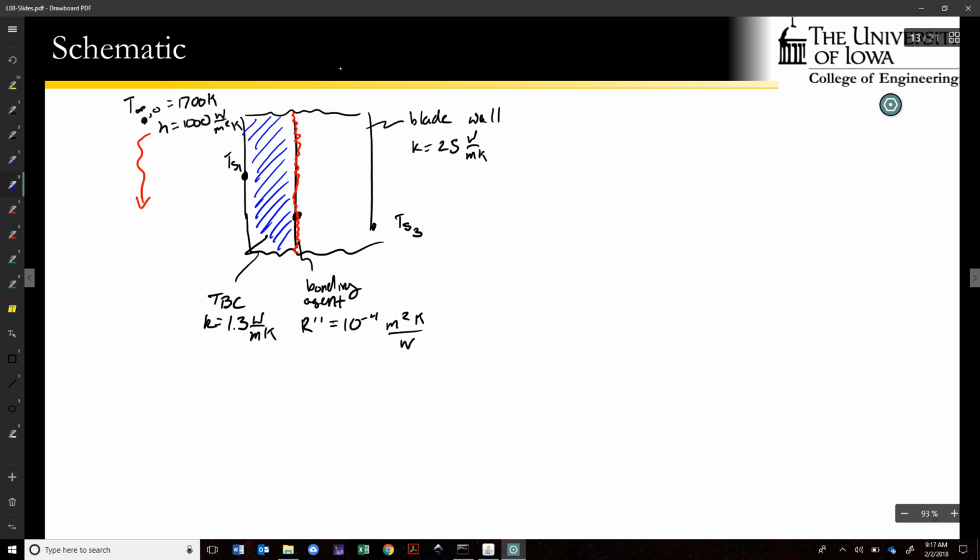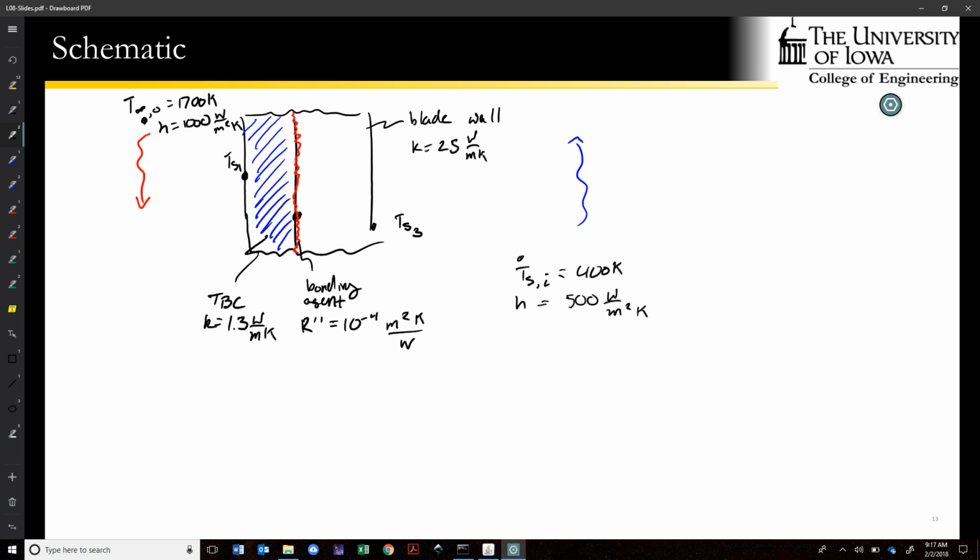And out here we've got cooler air blowing through the inside, so we'll call this T_SI, equal to 400 Kelvin, with an H of 500 watts per meter squared Kelvin. Where we're going to get today is that we can set up the resistance network, because that'll only take a second, and then we'll use this to jump back into wrapping up resistance concepts in the next lecture.